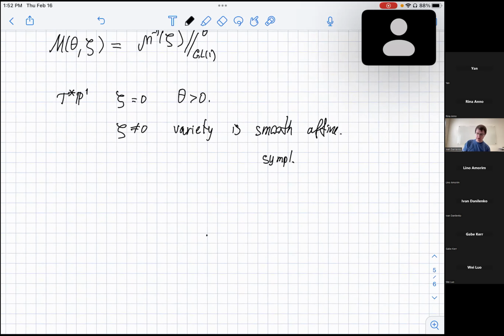So essentially, what do I see? Over my 0 point where I had T star P1, I had the attractor that was a holomorphic curve, the attractor to infinity.